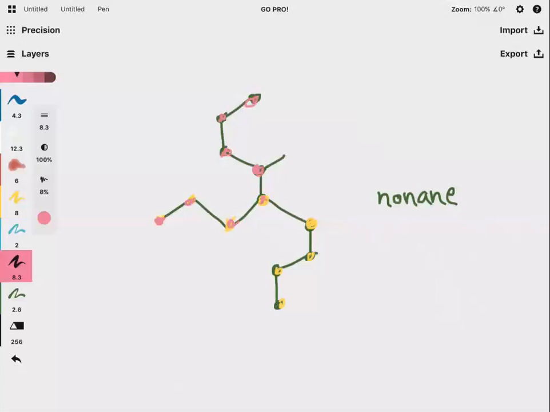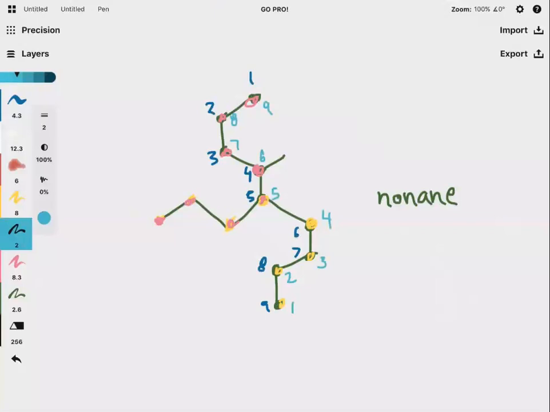So it's a nonane. So basically, we want to see where we start numbering. Do we want to start numbering from the top to the bottom, 1, 2, 3, 4, 5, 6, 7, 8, 9, or go from the bottom to the top, 1, 2, 3, 4, 5, 6, 7, 8, 9?